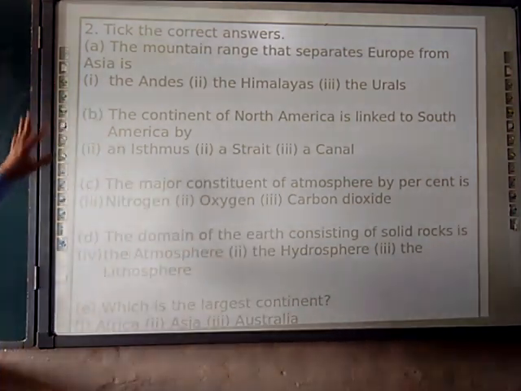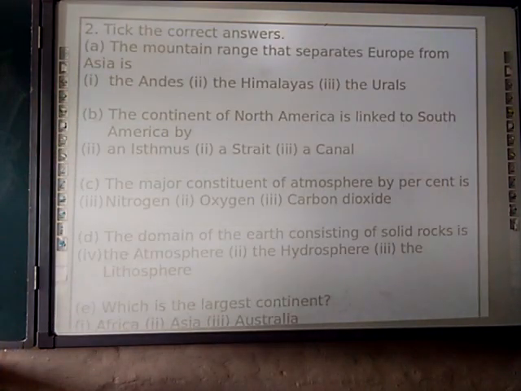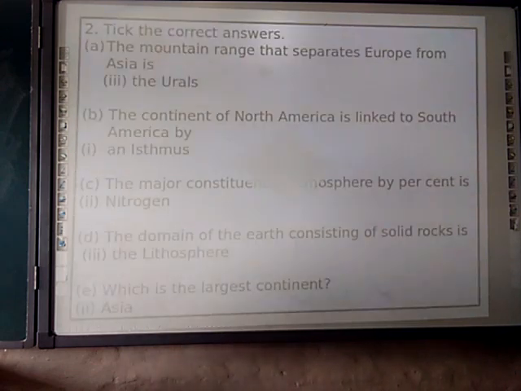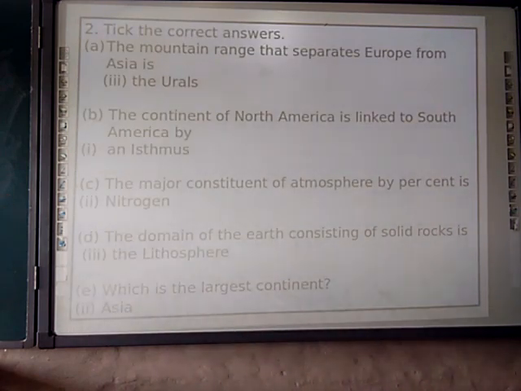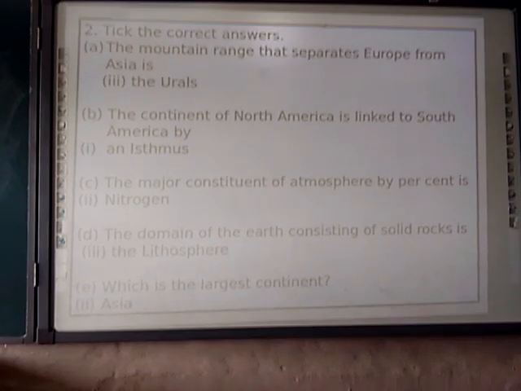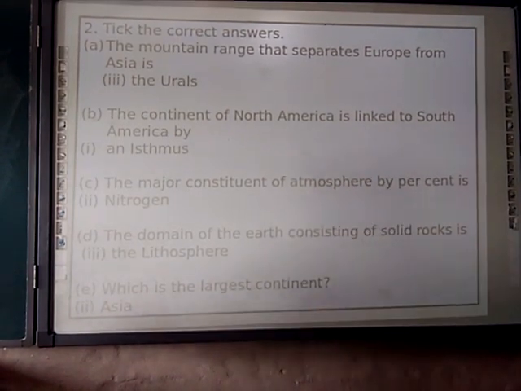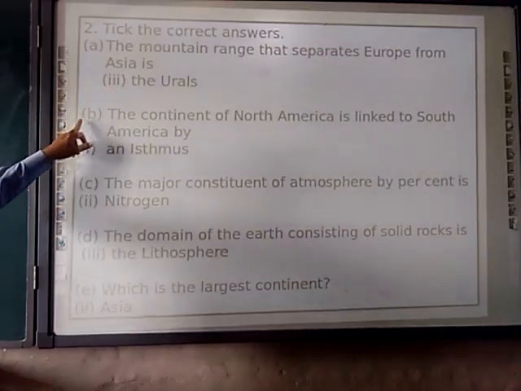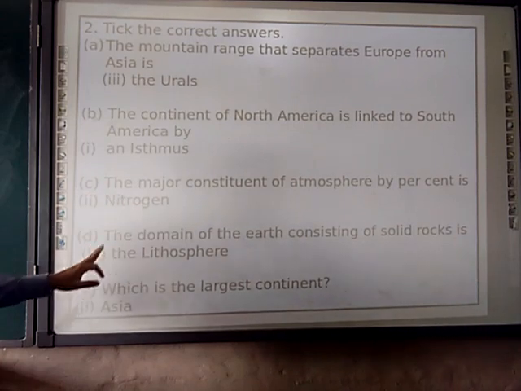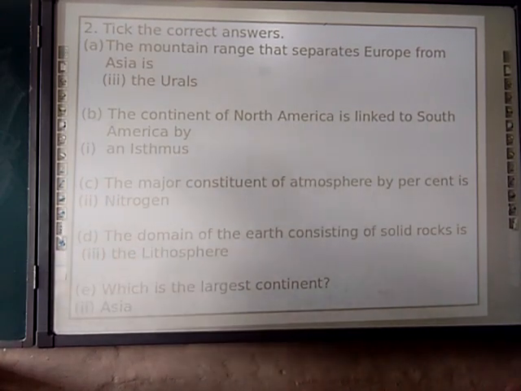So let's check out all the answers. You have to write like this. Okay? Question, its answer. Question, its answer. Question, its answer. Then question, its answer.